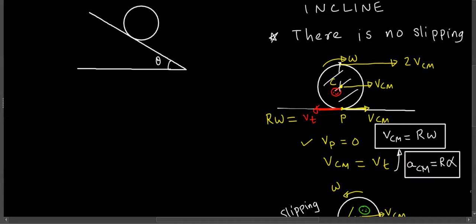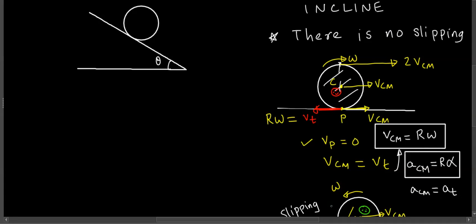And then what is R alpha? R alpha is actually the tangential acceleration of the points on the periphery. Now they should also point in opposite directions.